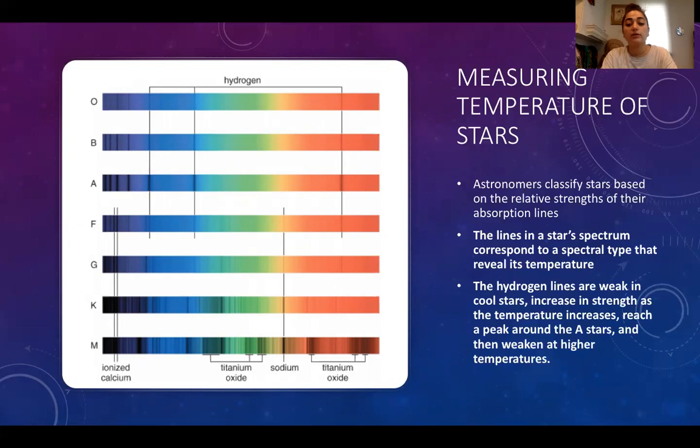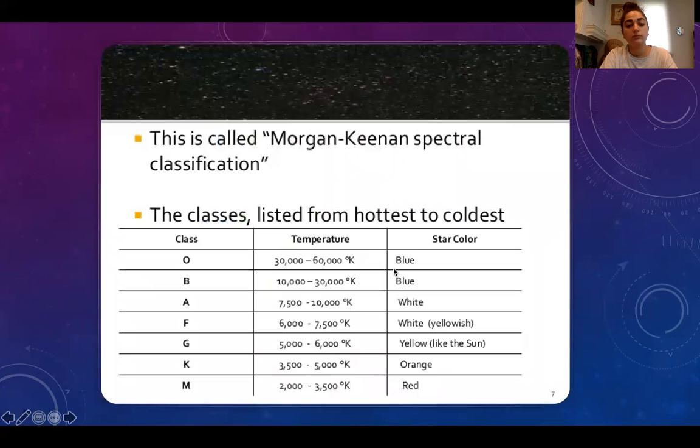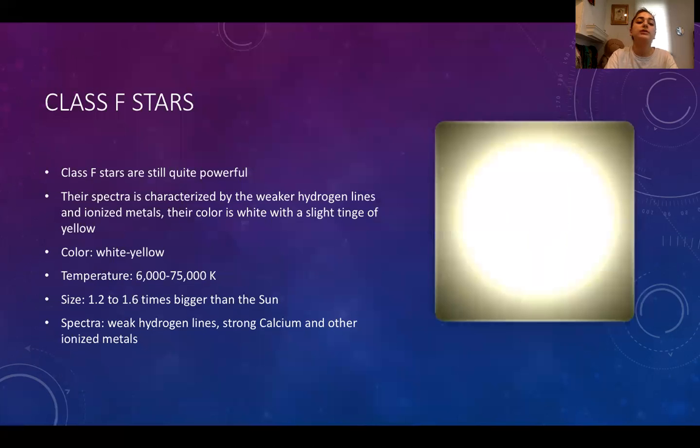And when they reach the A stars, then they weaken at higher temperatures. This is an example of Morgan Keenan spectral classification, another way to see how the temperature decreases as you go from O to M. Just another idea. So here we are talking about the main characteristics of each classification.